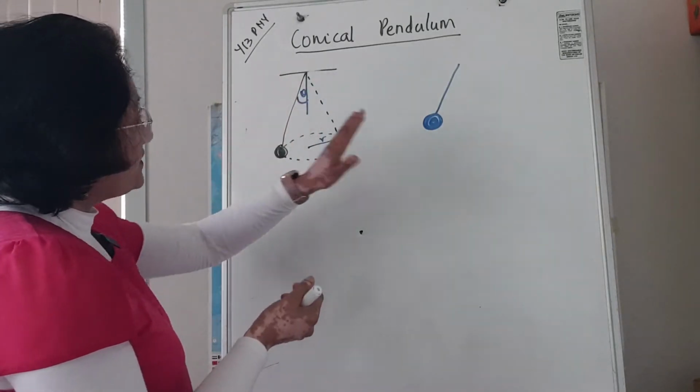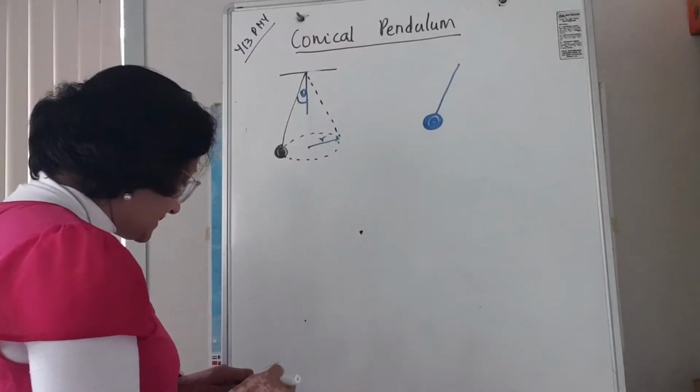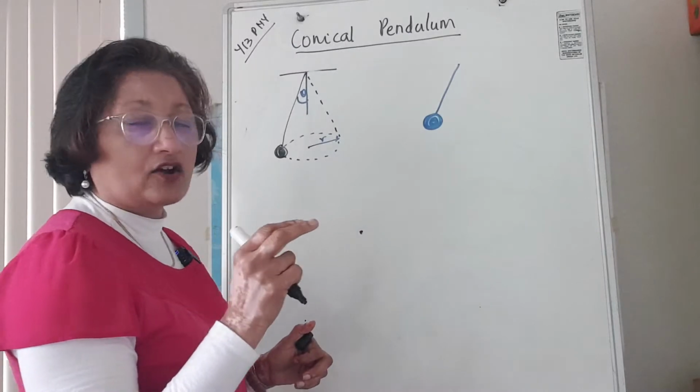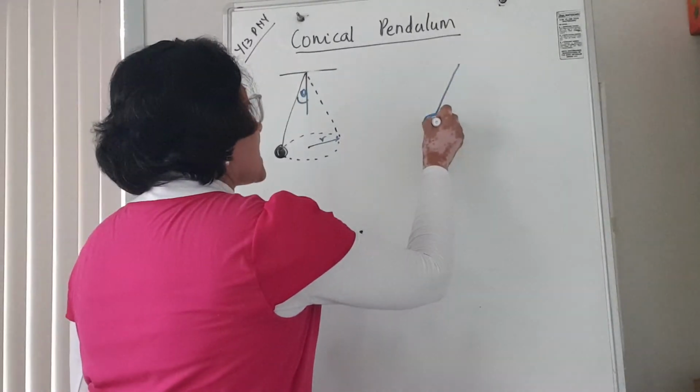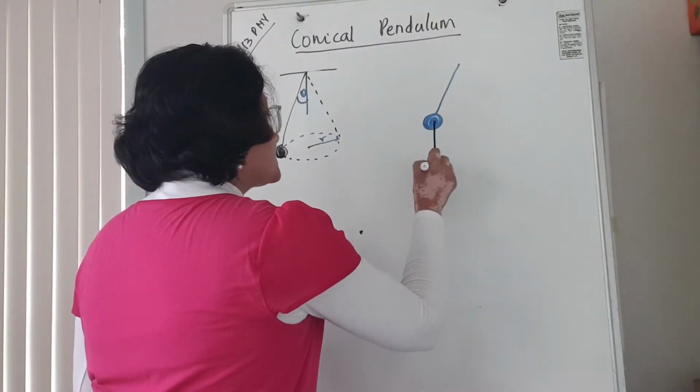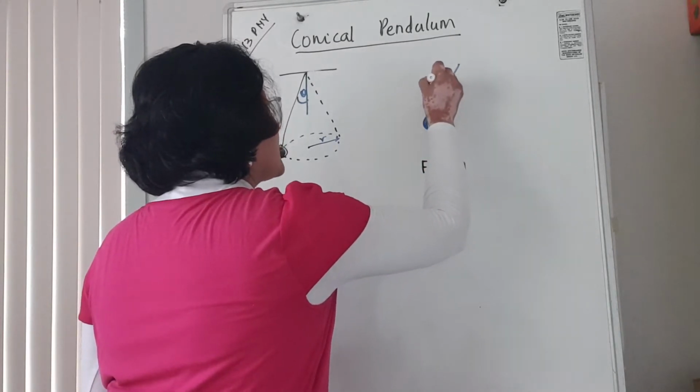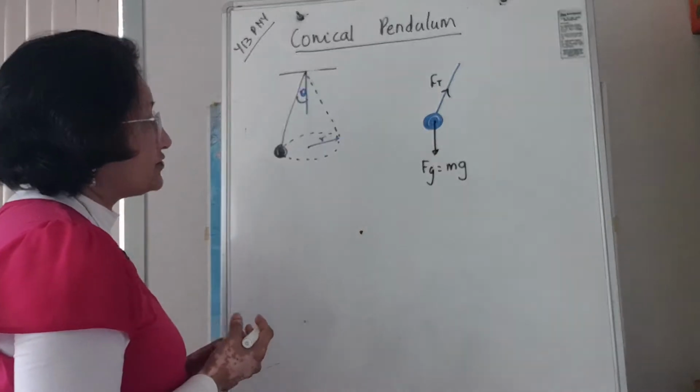If you just look at the mass at any particular point, there are just two forces acting on it. The two forces are the force of gravity, which is equal to mg, and your tension force. These are the only two forces.